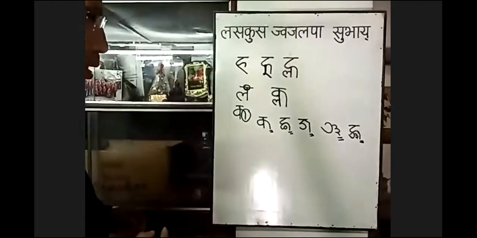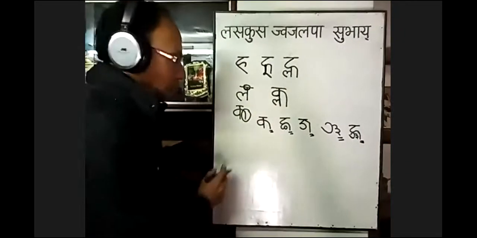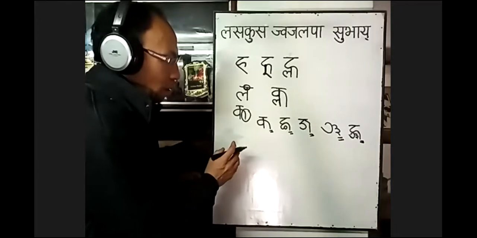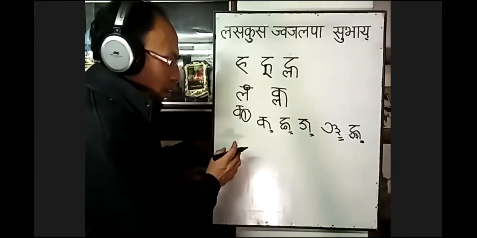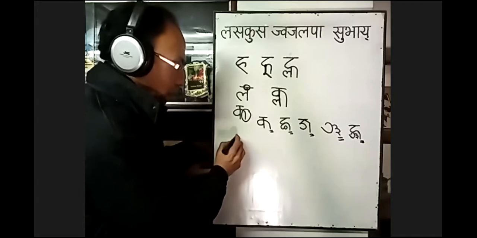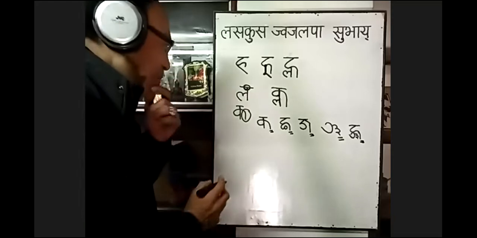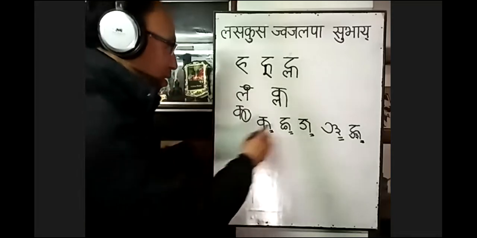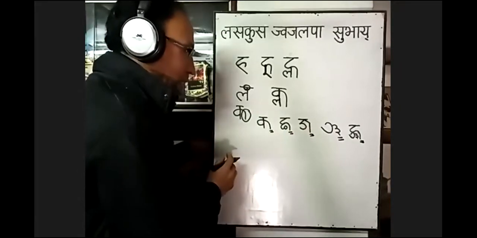So, and what are the others that have the la? All the last alphabets will have, no, sir? Sometimes I also get confused. Ka, ja, nya, and what are the others?